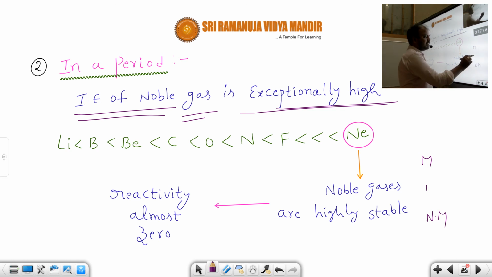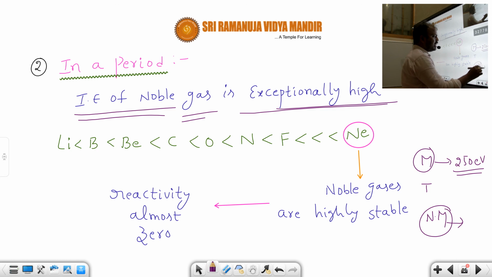D block elements or transition elements have ionization potential values midway between metals and non-metals. For example, what are the units of ionization potential or ionization energy? Either electron volt, kilojoule per mole or kilocalorie per mole. Whenever you take a metal, it has low IP.